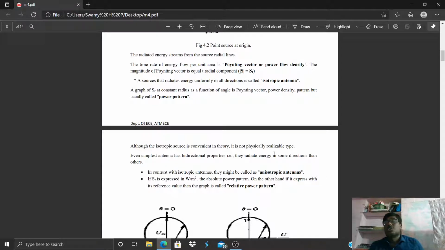Those are called non-isotropic antennas.